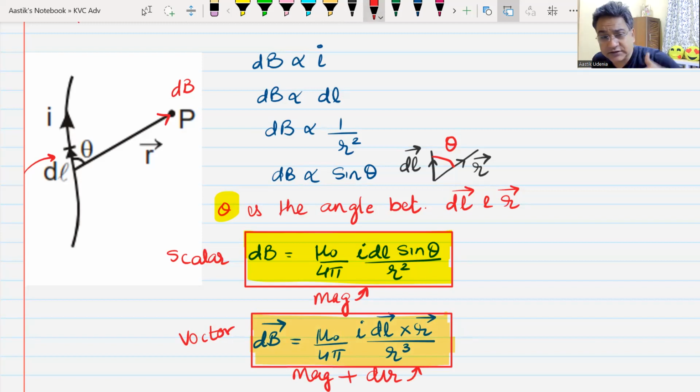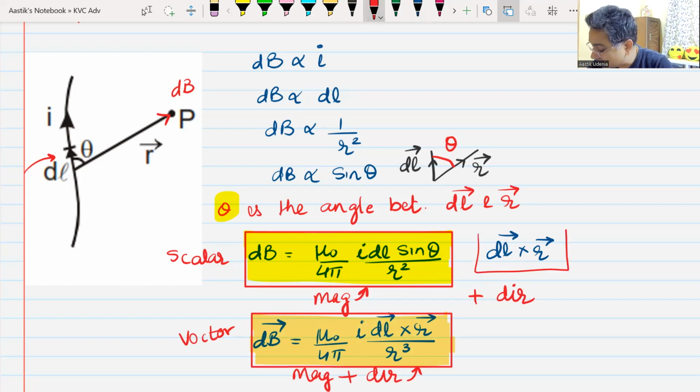If we are going to use the scalar formula, we need some way of finding out the direction of magnetic field. How will I get the direction of magnetic field? The direction of magnetic field will be given by the right hand thumb rule, by the cross product of dl with r. And how do you find the direction of cross product?